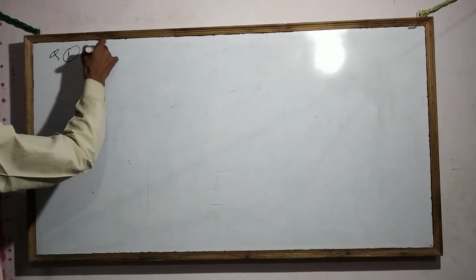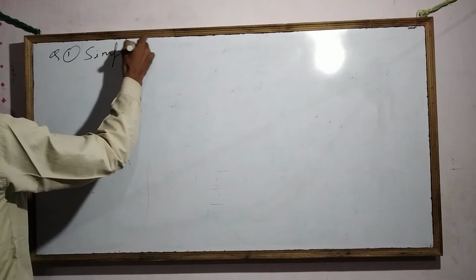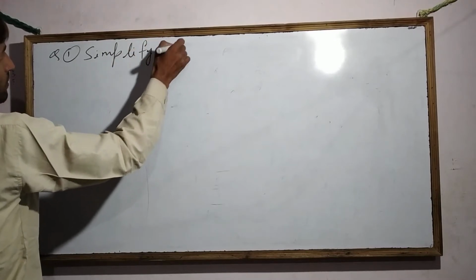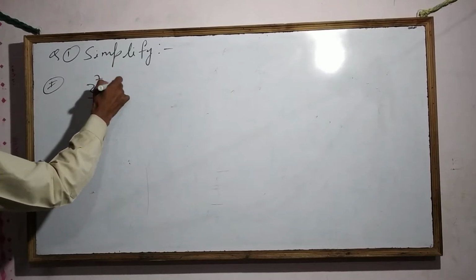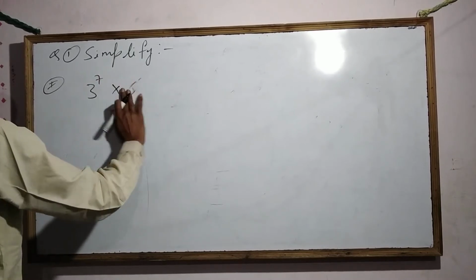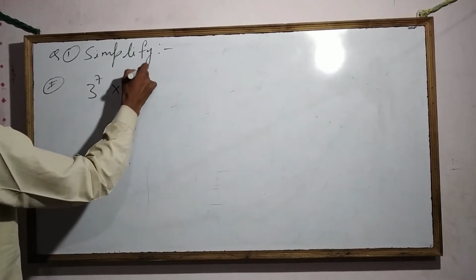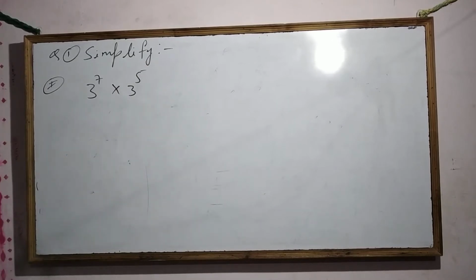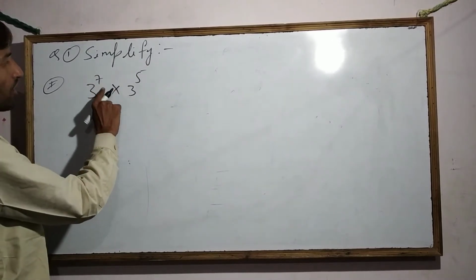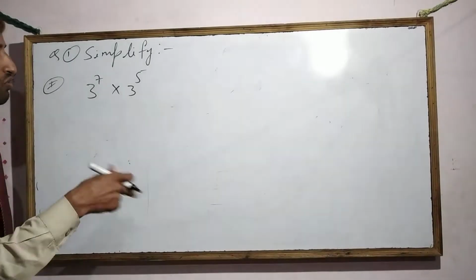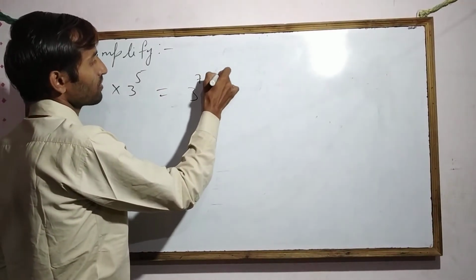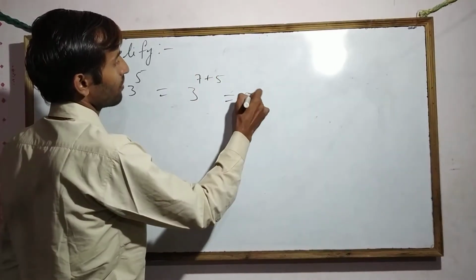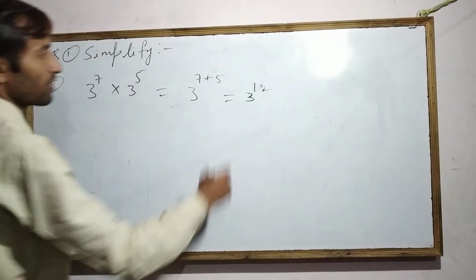Sometimes the question says simplify, or sometimes evaluate. Just see here, 3^7 times 3^5. Here the base is 3 and the powers are 7 and 5. So write 3^(7+5), which will come as 3^12. This is the answer.